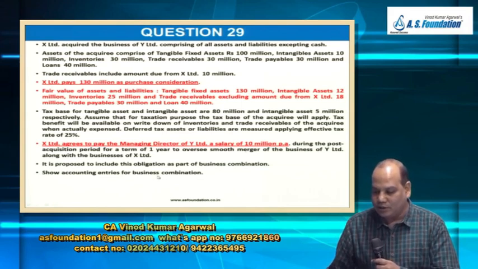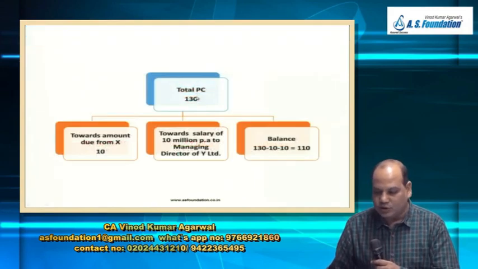Show accounting entry for business combination. So first, this total PC 130 million, we will divide into 3 parts. First is for settlement of pre-existing relationship, 10.